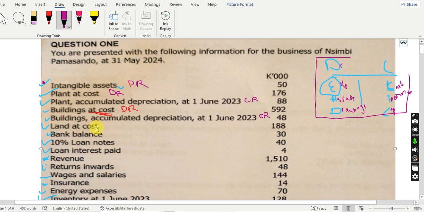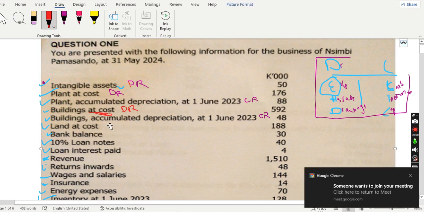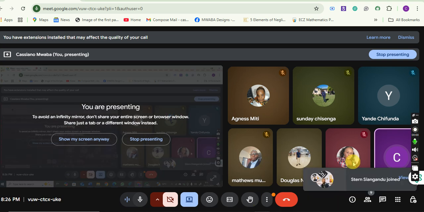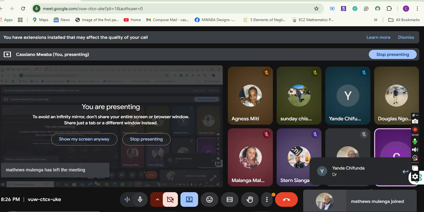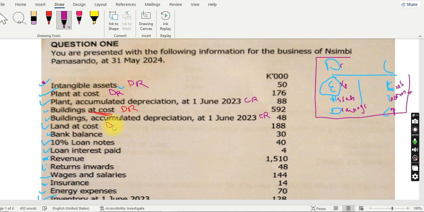Okay, land at cost. Debit side. That's correct. Yes, land, non-current asset.